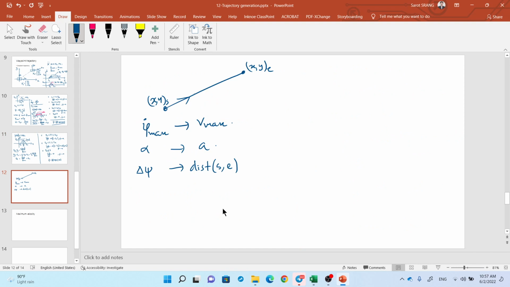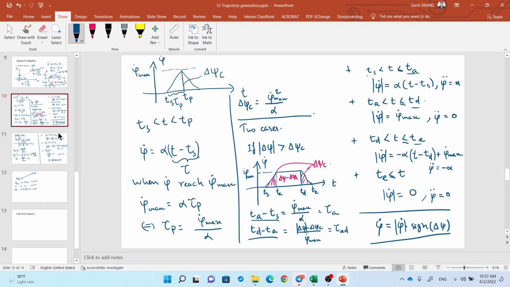So for this one, we deal with the velocity along the direction. But when we want to generate the velocity component for hx and hy, I make this analogy to have a scalar value. So this is scalar, this one also scalar, this one also scalar. Then follow the same process here.